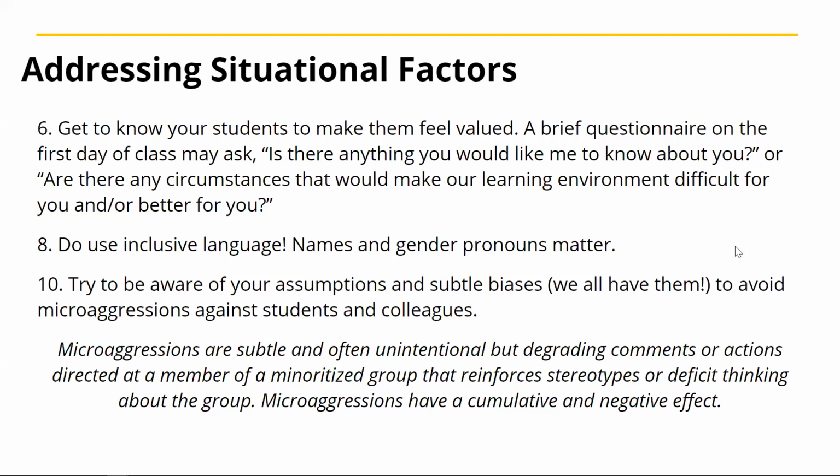Asking underrepresented students, so a student of color or a woman in a predominantly male class, or a trans student or a gay or lesbian student, to speak for their entire group's experience or to write specifically around one of their identities, this is considered a microaggression.